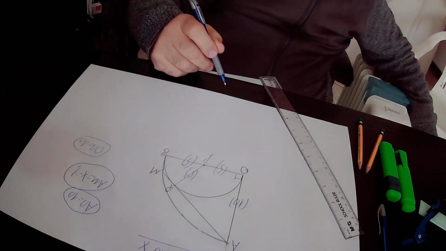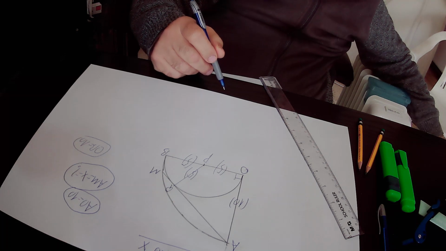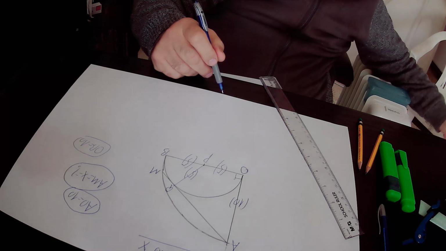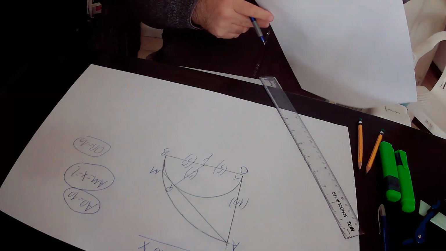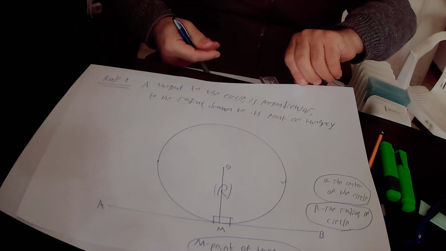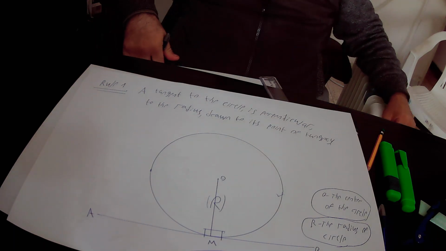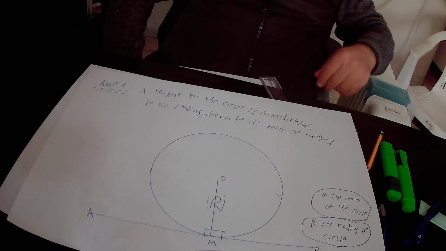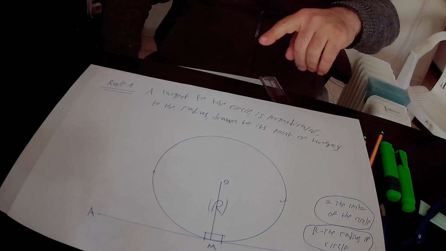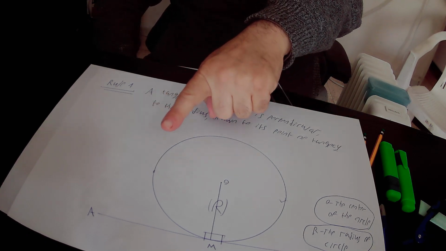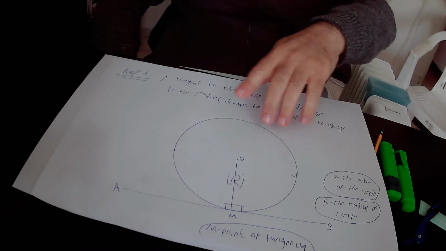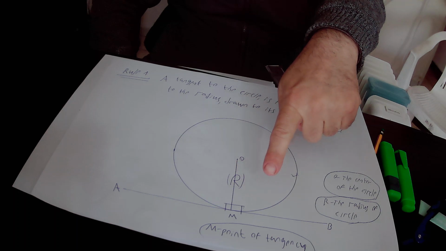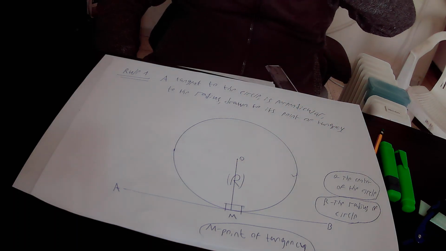We have here rule number 1. According to rule number 1, a tangent to a circle is perpendicular to the radius drawn to its point of tangency. Here we have tangent AB, that is tangent to this circle at point M. Point M is the point of tangency.